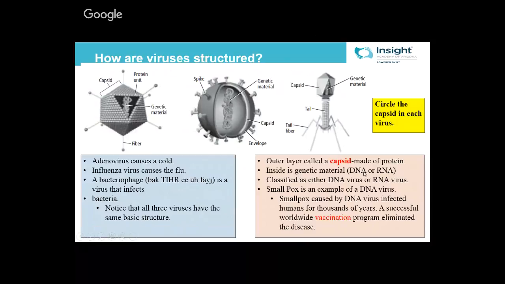We have the possibility of having DNA or RNA inside that capsid, and it can be classified as either a DNA virus or an RNA virus. Smallpox is an example of a DNA virus. Smallpox infected humans for thousands of years, and a successful worldwide vaccination program has pretty much eliminated the disease.